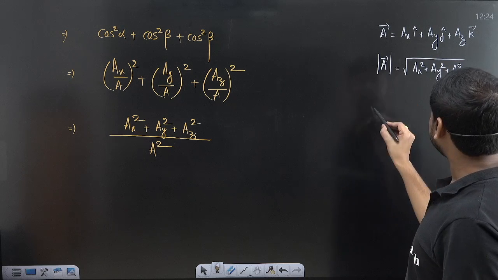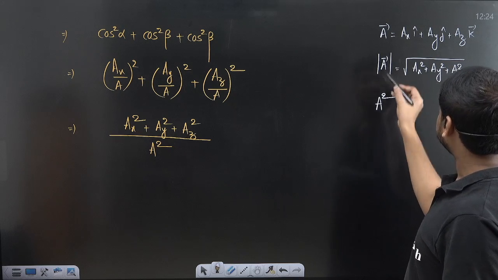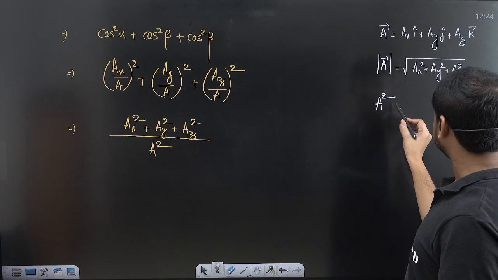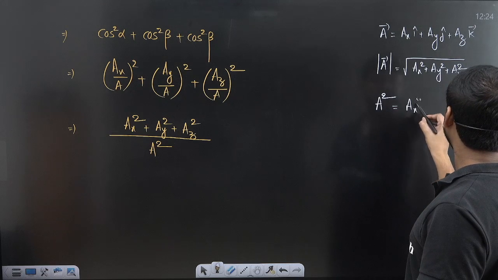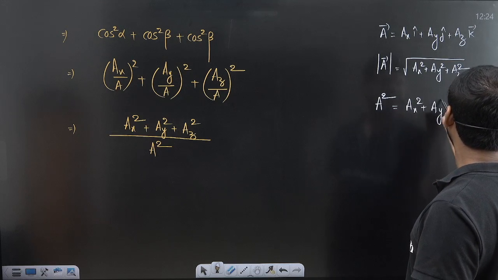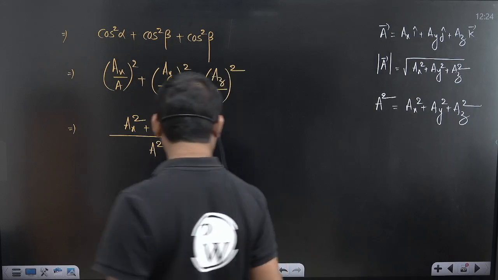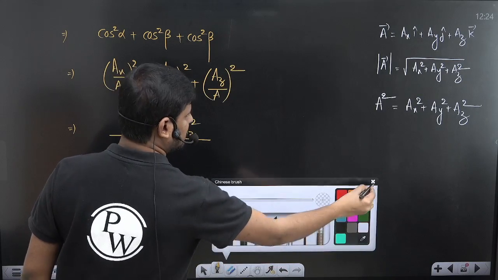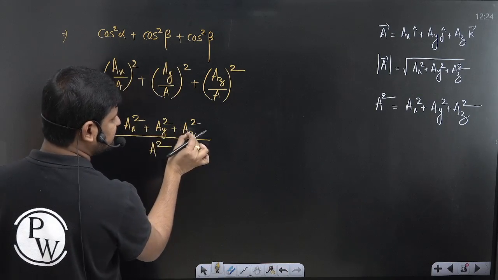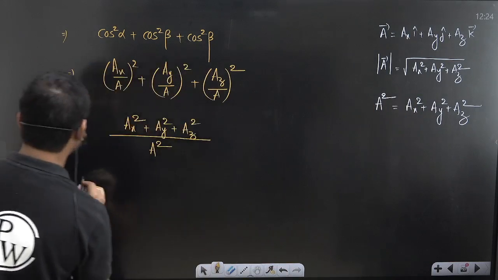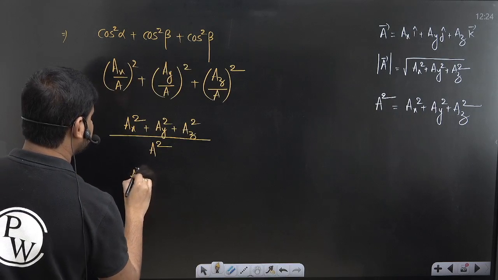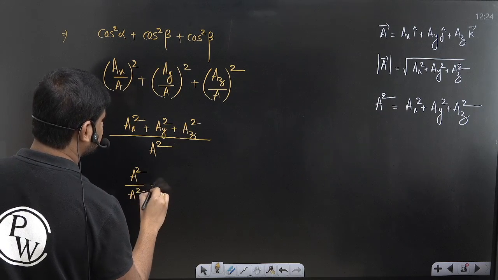If I square it on both sides, the magnitude of vector square, which is nothing but A square, is equal to Ax square plus Ay square plus Az square. So in place of Ax square plus Ay square plus Az square, I am writing A square. Therefore A square by A square, which is nothing but 1.